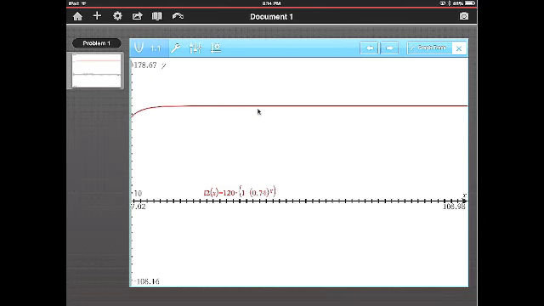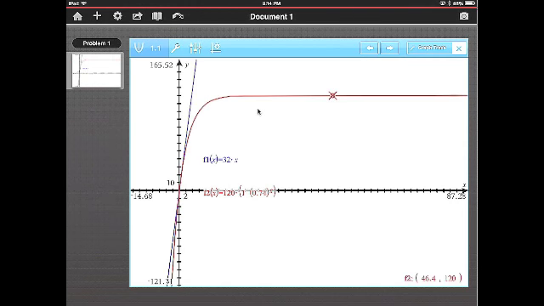There we go. Now I'm going to trace the other graph. And now the trace indicator is along the red function there, which is F2, the one that takes into account air resistance.